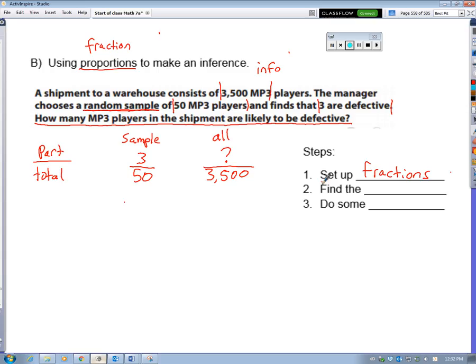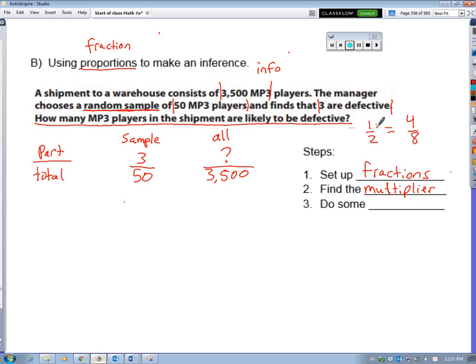To do that, we are going to find the multiplier. What I mean by that is just making equivalent fractions. For example, 1/2 is the same as 4 over 8. These are just the same fraction. They're both 1/2, just written differently.